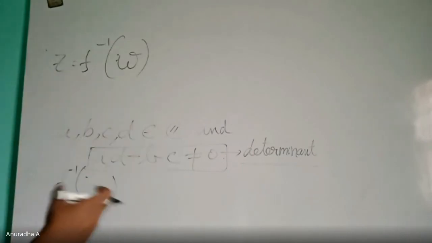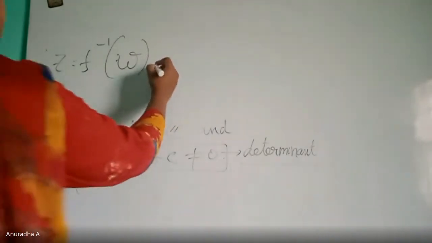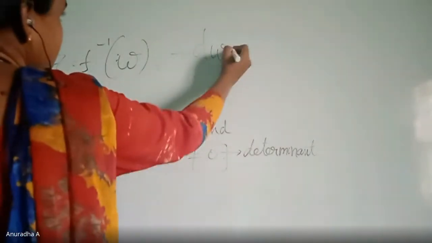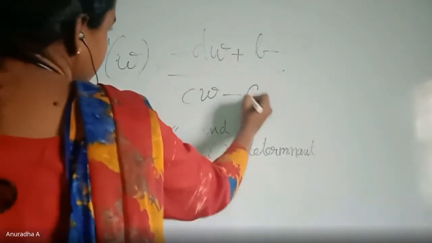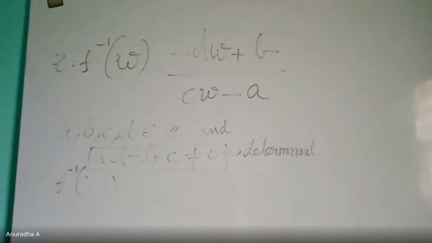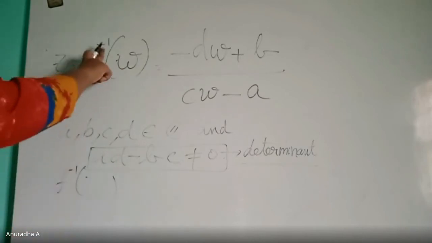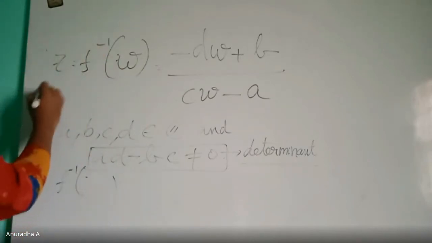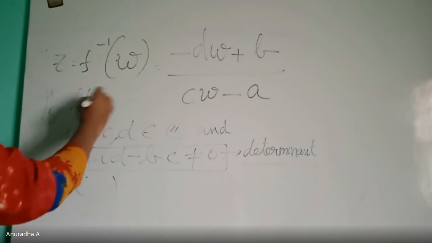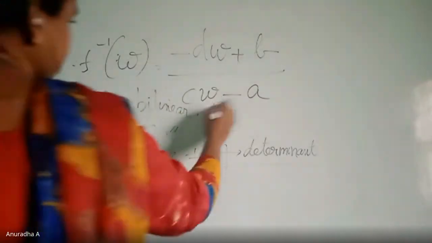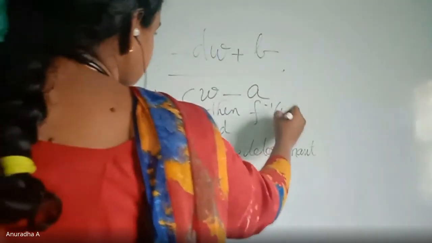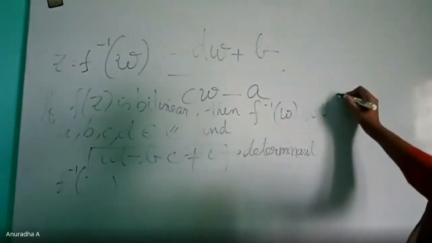Because we had (Az plus B) by (Cz plus D), we can change it and write the formula as (minus Dw plus B) by (Cw minus A). The relation in this is called the inverse transformation. And if f of z is bilinear, then f inverse also will be bilinear.